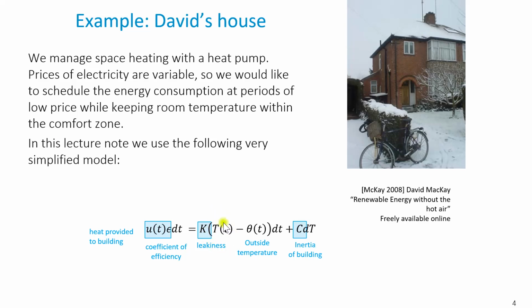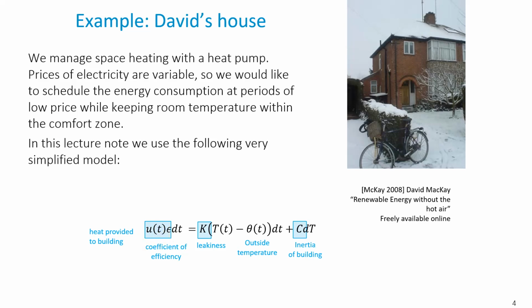So the goal here is to see how the temperature of the house varies when I buy some amount of electricity, U of t. Then there is this differential equation, which is the basis of our model. The electricity that I'm consuming here is translated into heat by a coefficient of efficiency, epsilon.